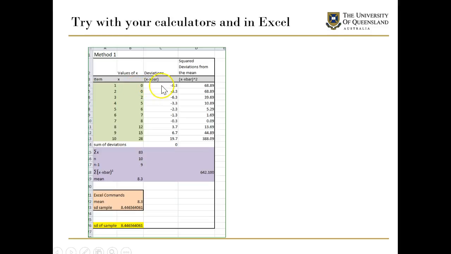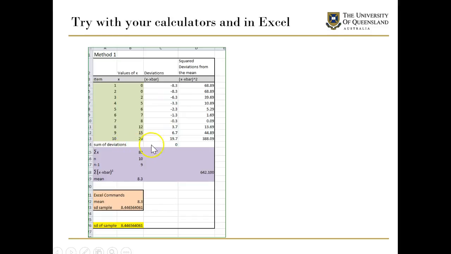If you can't, then we can help you on the discussion board with that. So here's X minus X bar, and so here we've got 0 minus our mean, minus 8.3, gives us minus 8.3. And we go through and we do that for all of them.